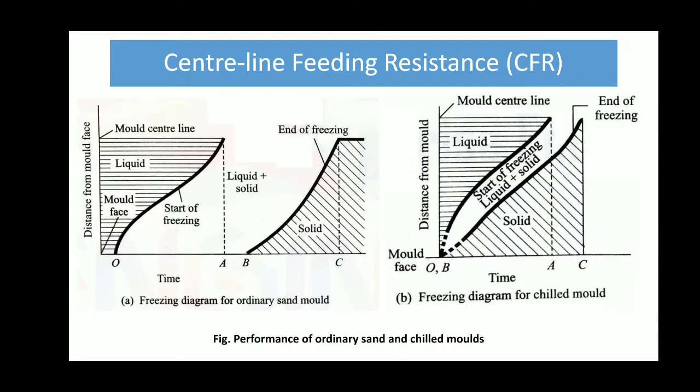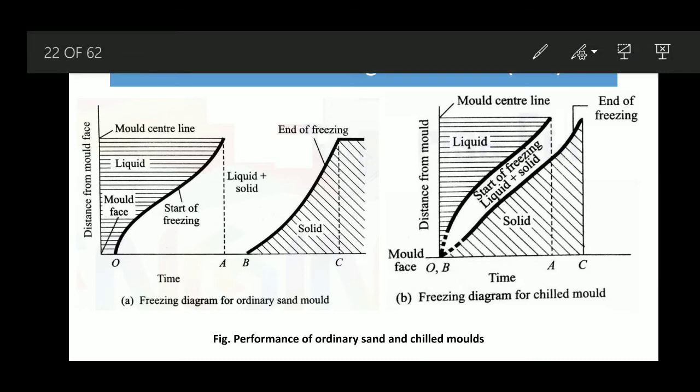From this left figure, all of you can very easily see. What is basically happening along this axis? We are showing the distance from the mold, and this is the mold center line. Up to half of the portion we are drawing.